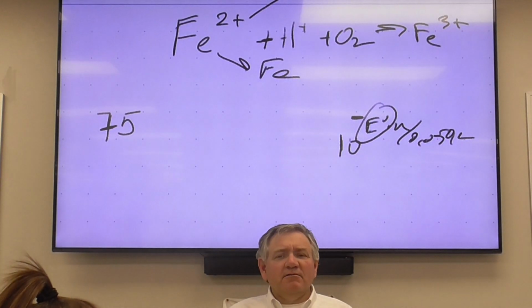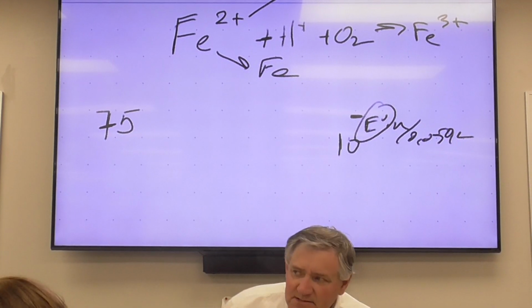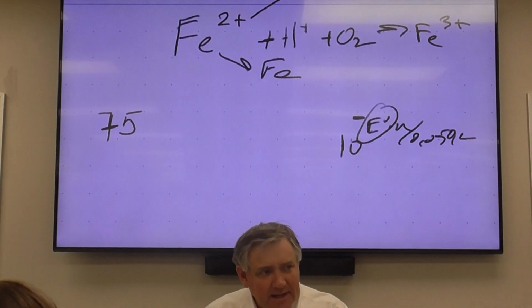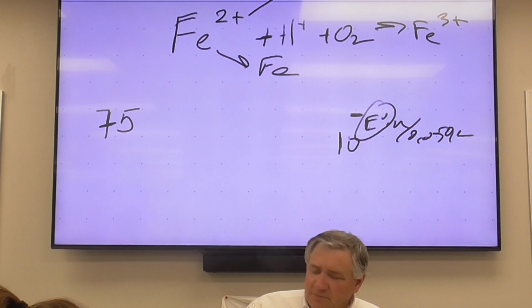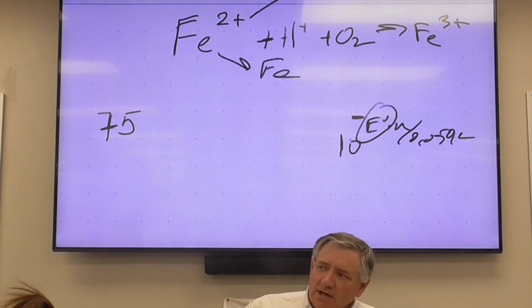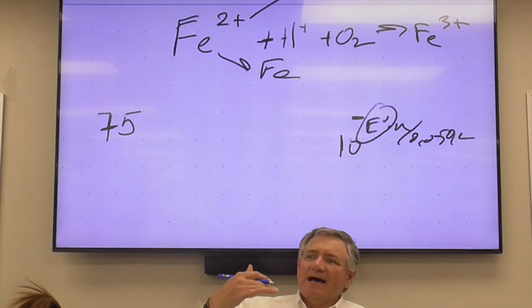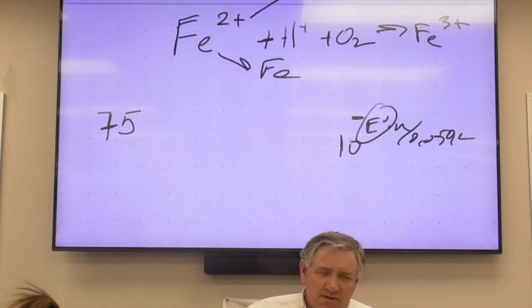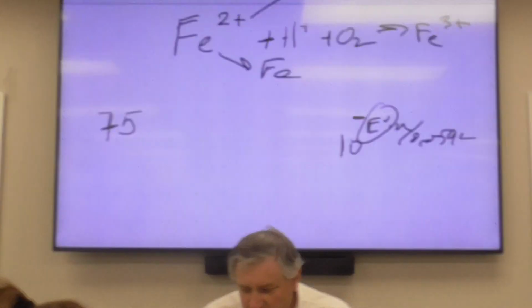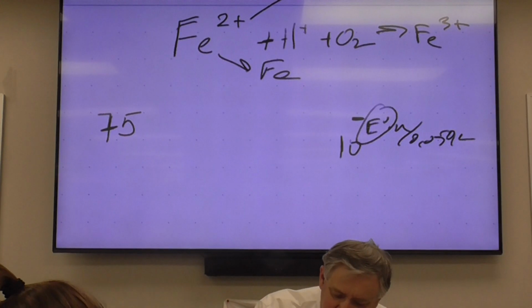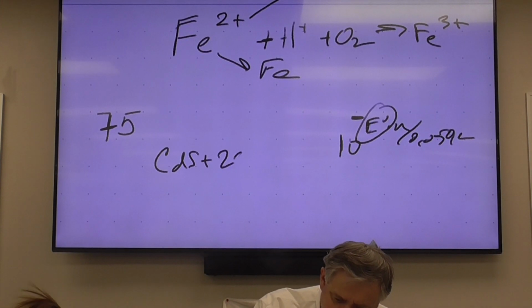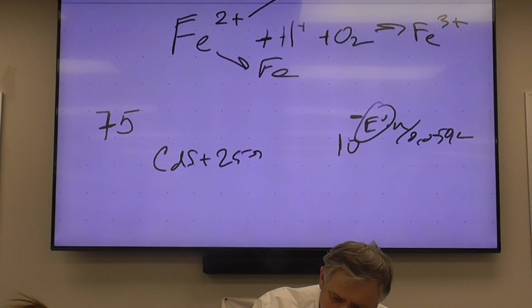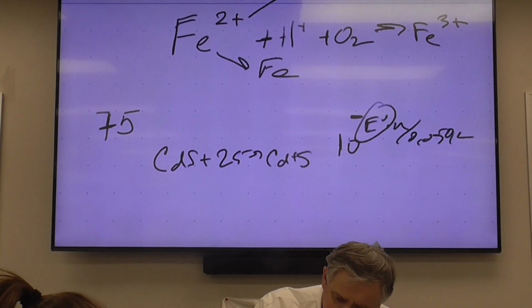K values are small because these things don't separate. They don't ionize. They stay clumpy. That's why they don't ionize very much, because that's the only way you can get a small K value. So if you look at what you have, cadmium sulfide plus 2 electrons turning into elemental cadmium plus a sulfide ion.